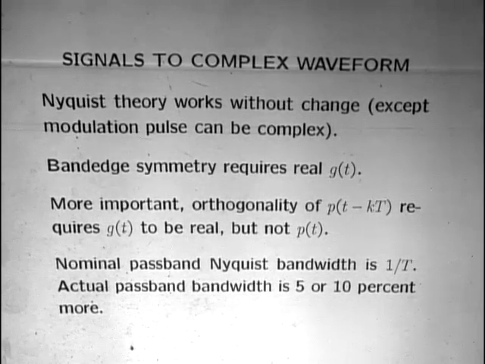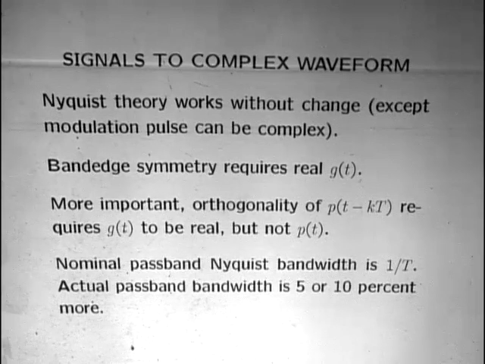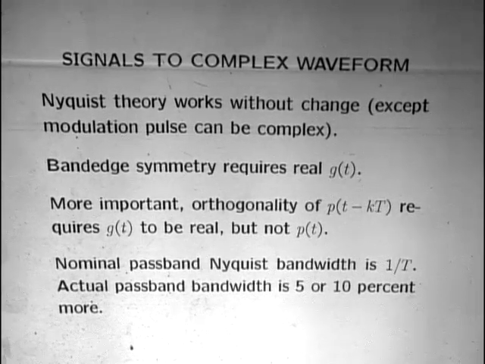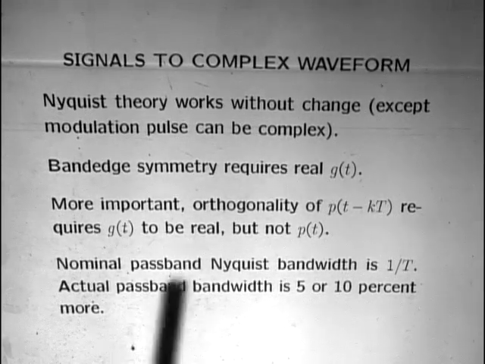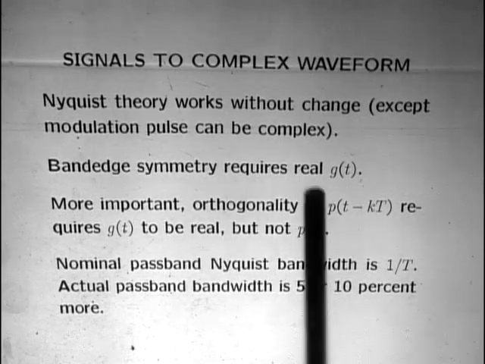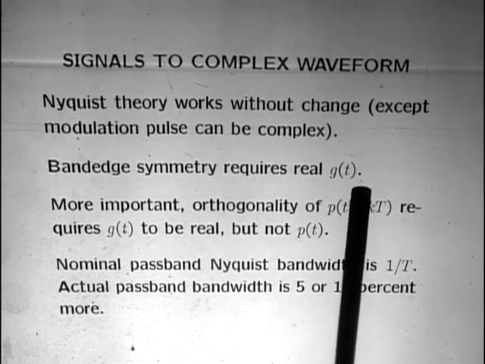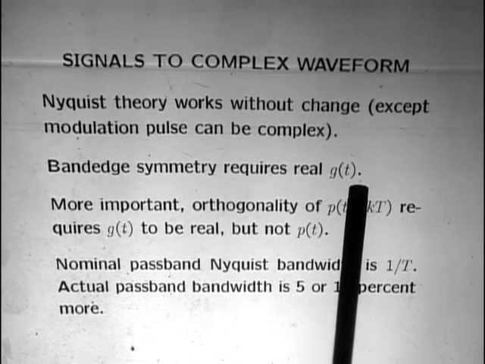But if you look back, we didn't assume that P of t was real before anyway. We just said you might as well choose it to be real, but you don't have to choose it to be real. Okay, band edge symmetry requires that G of t be real. Anybody know why that is?